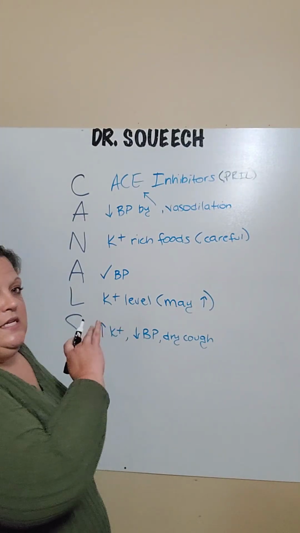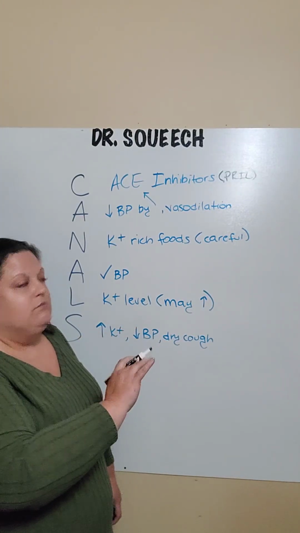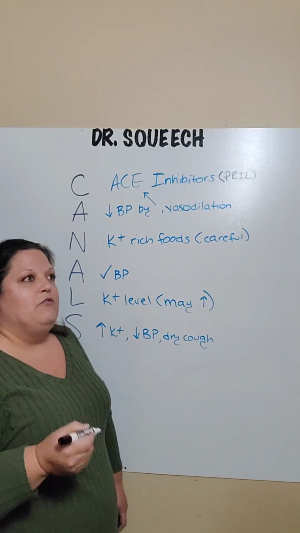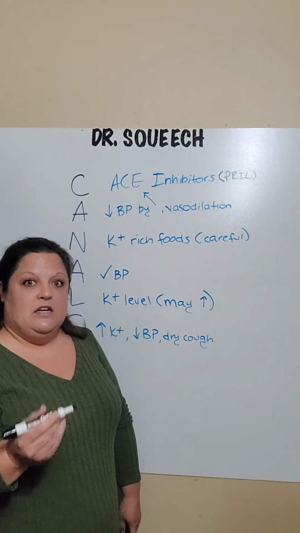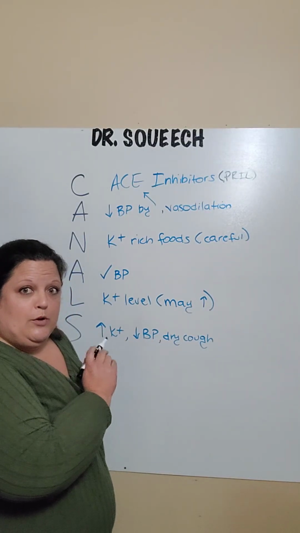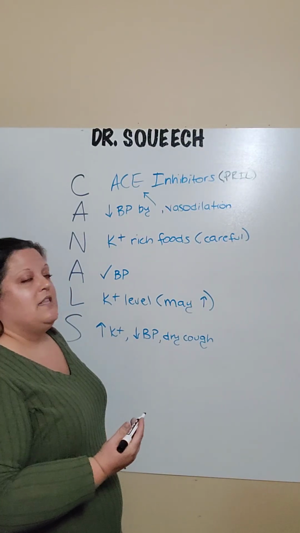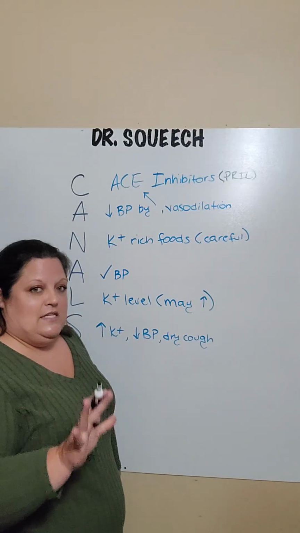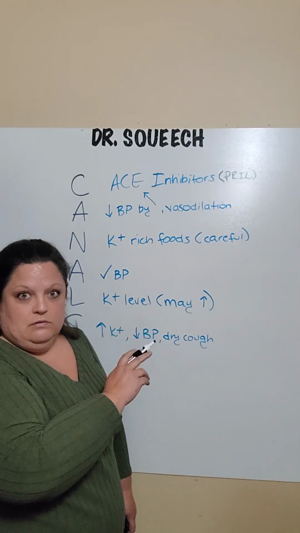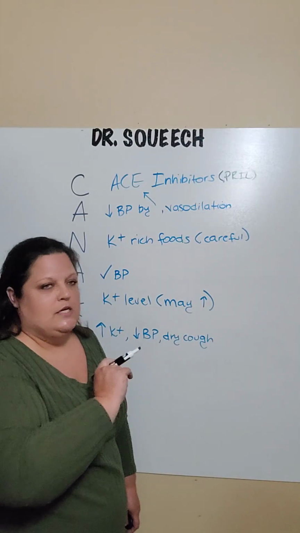So first is the C, classification. I went ahead and wrote ACE inhibitors. However, if you're studying things that have things in common, or a grouping of medications, it's a lot easier, especially when you're using your CANALS, to study them as a class. Case in point with ACE inhibitors, I went ahead and put in parentheses -PRIL. And I know I have a glare on my whiteboard, I apologize.